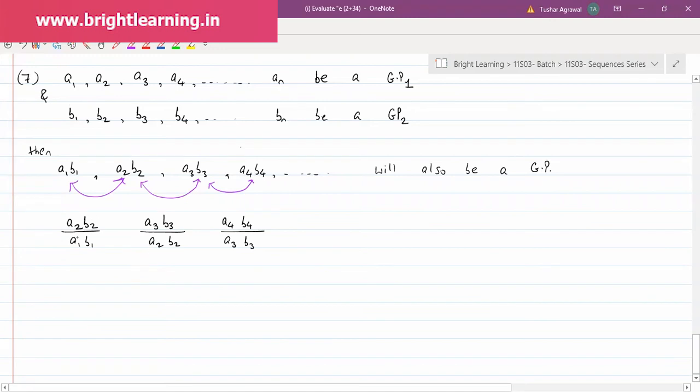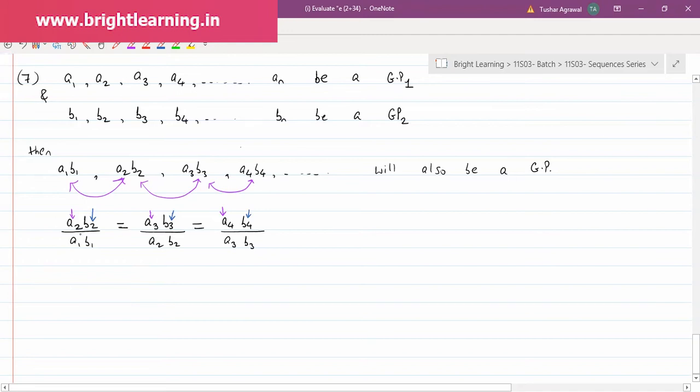Can you see that A2 upon A1 is the same as A3 upon A2, the same as A4 upon A3, and also B2 upon B1 is the same as B3 upon B2, the same as B4 upon B3. So ultimately the ratio is the same. Got it?